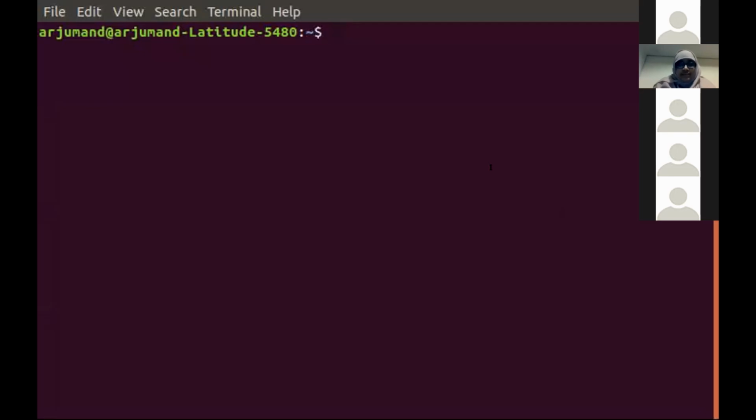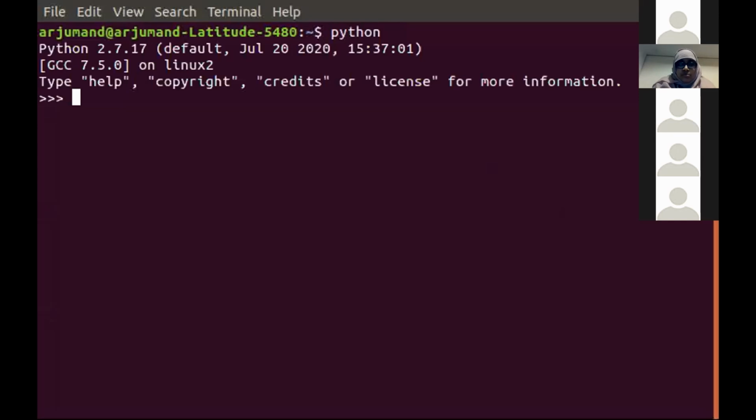Yes. So what I'm going to do, I've already installed this command, pip install dblp. So I'm going to the command line, because you see I have Python 2.7 here. So we import dblp. Now let's say I want some papers in machine learning.